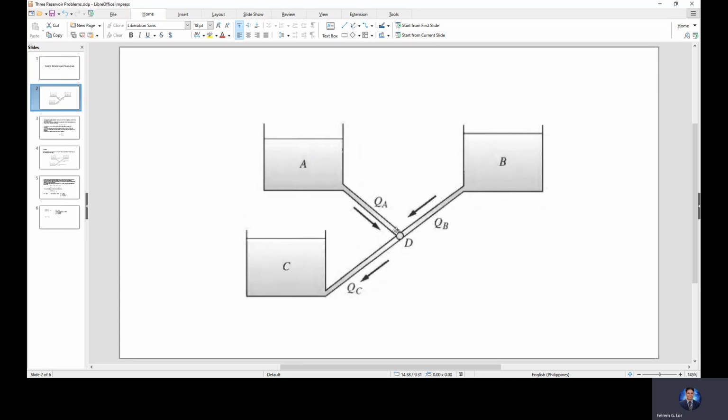There's a possibility if the flow from B to D is too large, the volume from point B to point D is a strong flow, and the flow from D to C is not so strong. Or the flow from B to D cannot be accommodated by this pipe, pipe DC.